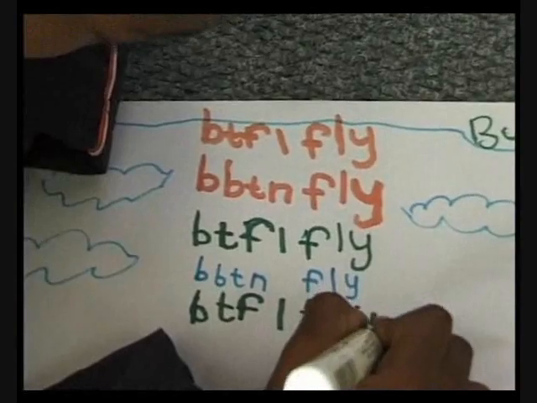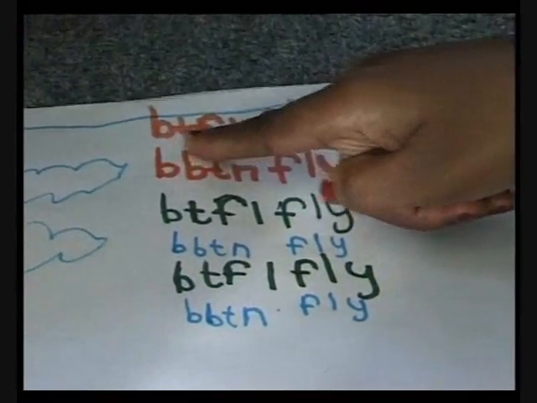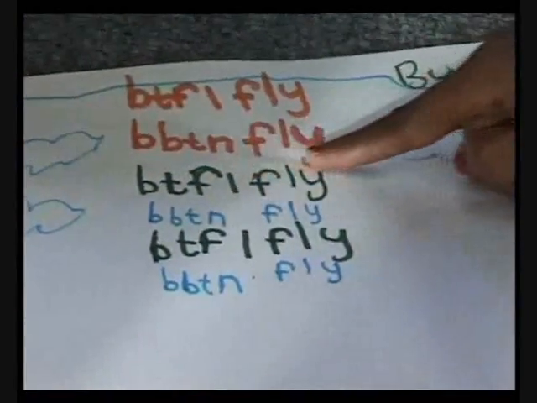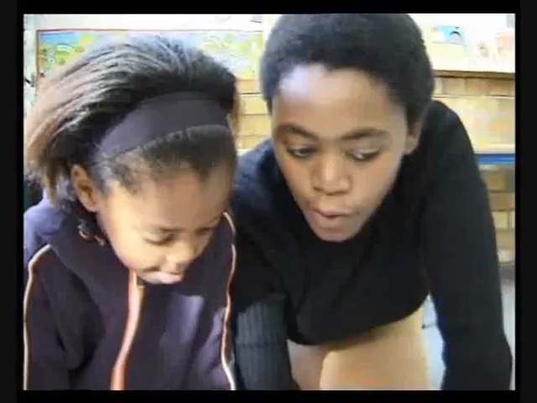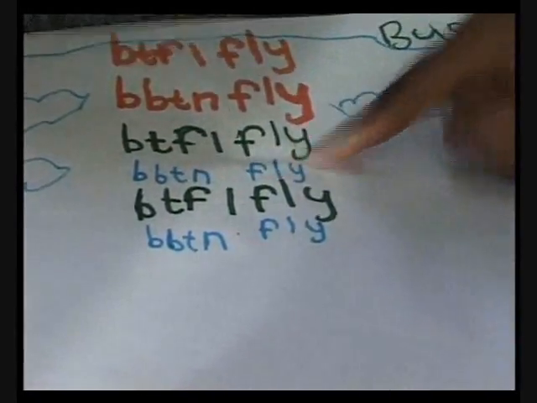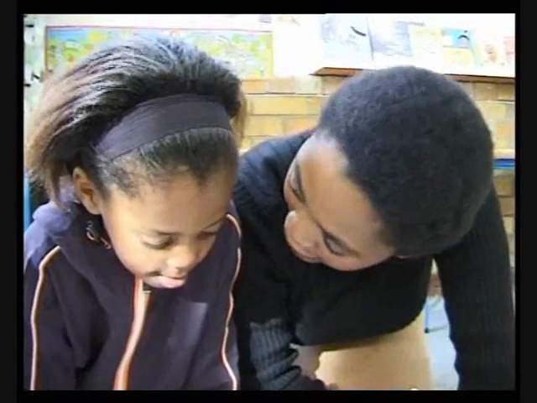Busi has tried to spell butterfly in 2 languages. What does this say, sweetie? Butterfly. And this one says? Ipapatane. Ipapatane is butterfly in Xhosa. We see you nearly got it right there, butterfly. But I'm going to write for you butterfly like they write it in books, okay?